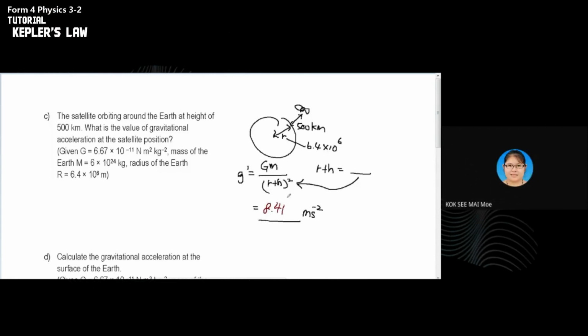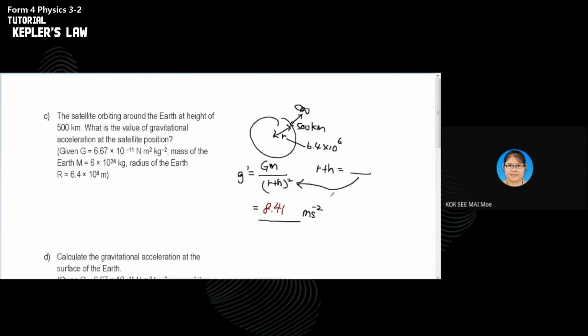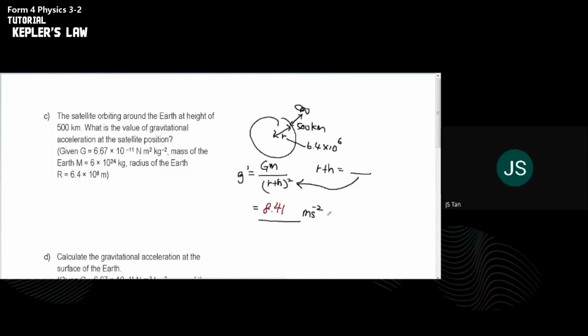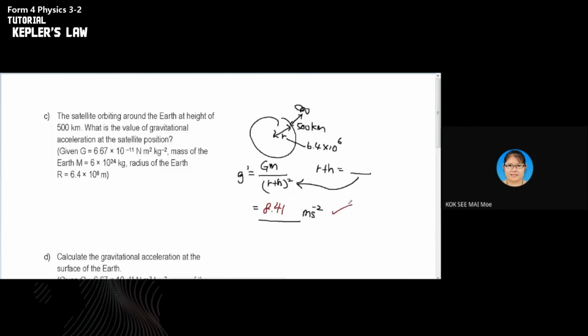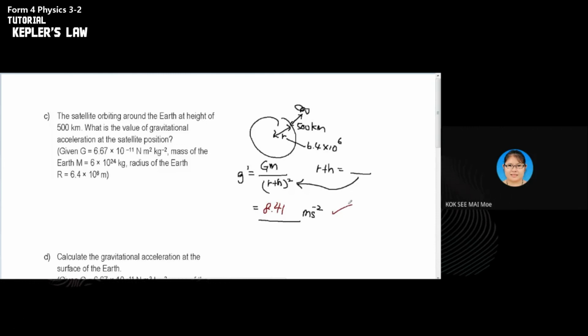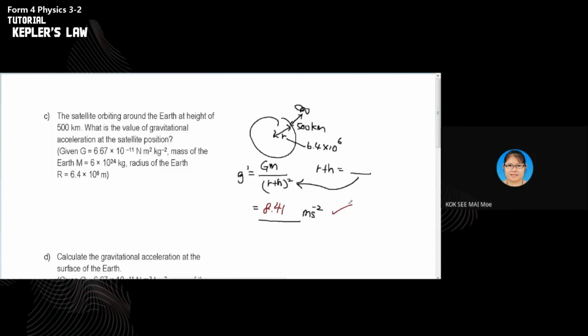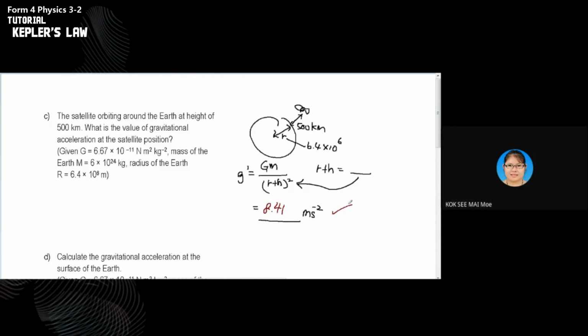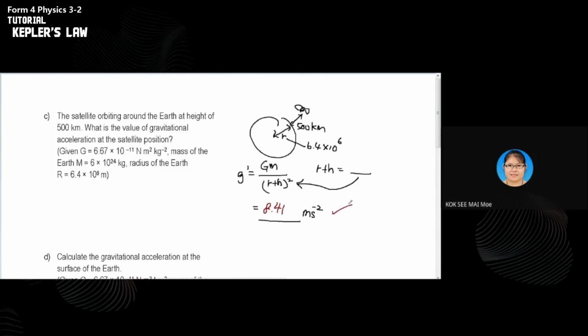Got any power or not? No. Okay, so this one is the answer, 8.41. Normal is 9.81 for the Earth, because you go further already, so your gravitational acceleration becomes less.